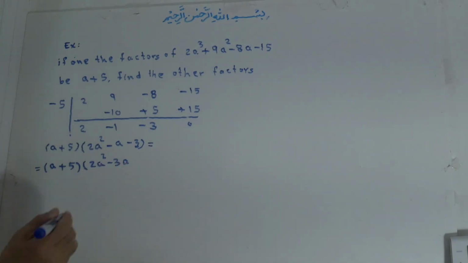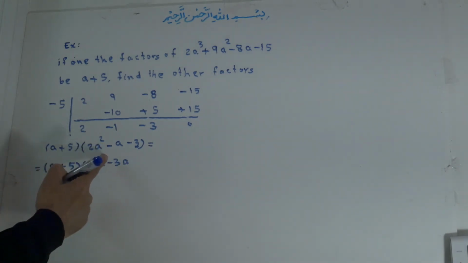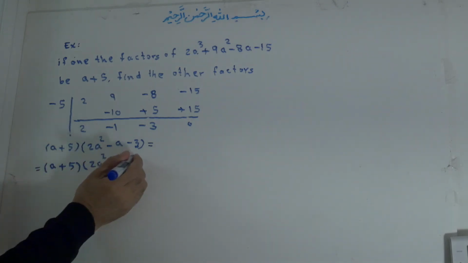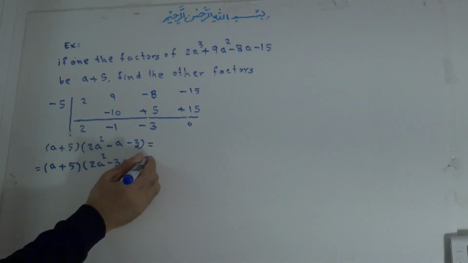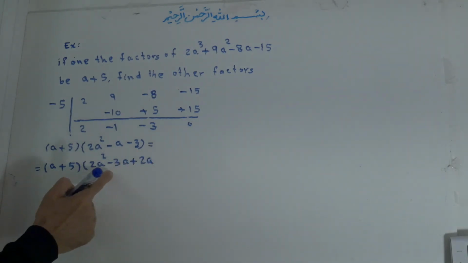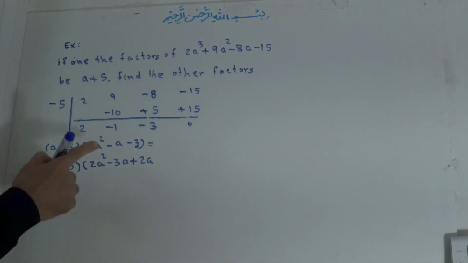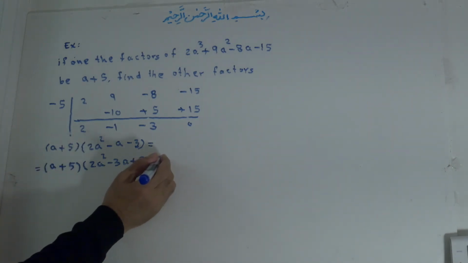Because this is minus 3a, it should be minus 1a, so we can write this one plus 2a. It means that we didn't do anything because minus 3 and plus 2 is minus 1 and minus 3.